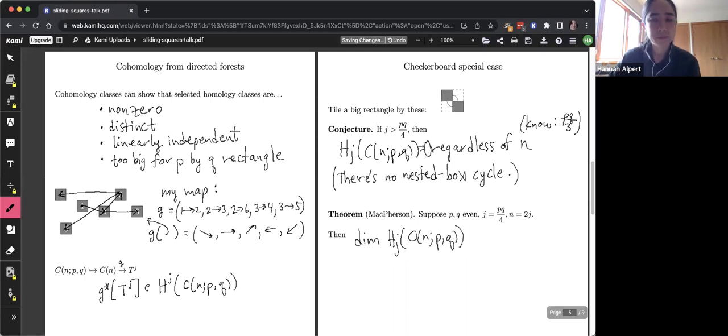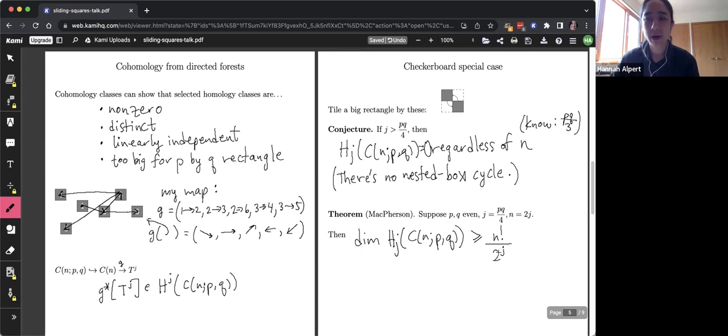And the theorem, I attribute this to Bob MacPherson. This is sort of the beginning idea of our paper together. The dimension of homology, we estimate, is at least n factorial over 2 to the j.